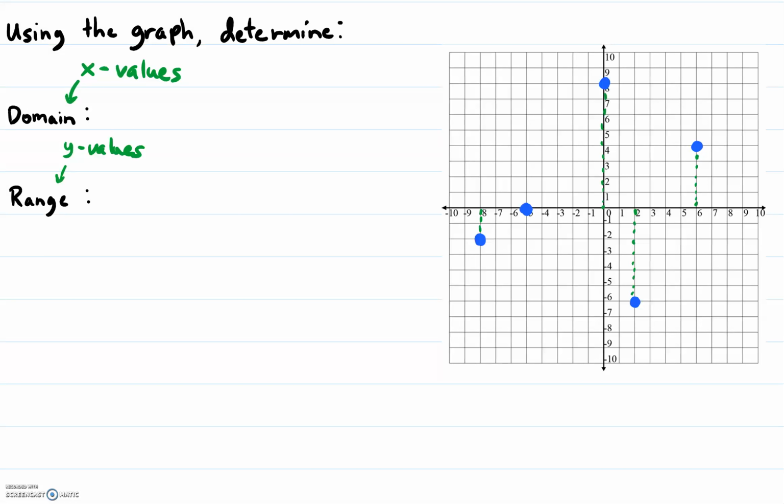But if you do this, you can see our x value for this first point, the leftmost point, is going to trace back to -8. And so our domain is definitely going to include the point -8. The next point is already on the x-axis, so that's going to be an x value of -5. And the reason I say to trace it down to the x-axis is because then you run into the exact point.